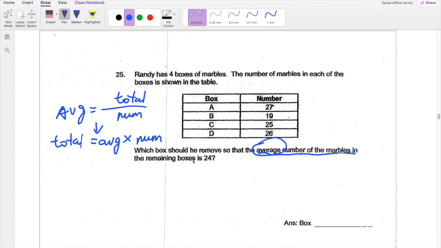So for the 3 left, the total number of marbles is 24 times 3, which gives 72. So which box did we remove? It's simple. We add the 4 numbers here to get 97. So we use 97 minus 72, this is 25. Then we can see very clearly.